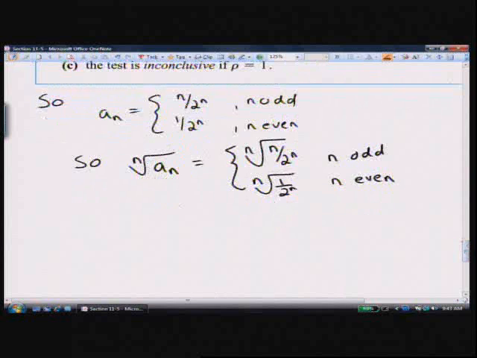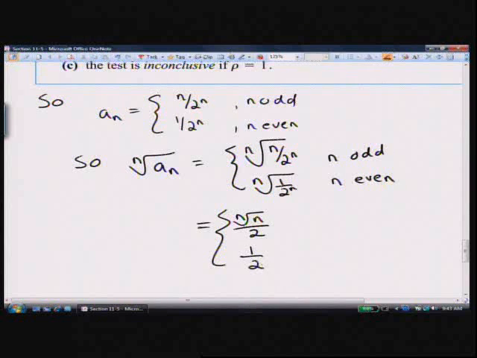What about the nth root of 1 over 2 to the n? This is going to be the nth root of n over 2, or the nth root of 1, or this is just going to be 1 over 2. This one's 1/2. Okay?